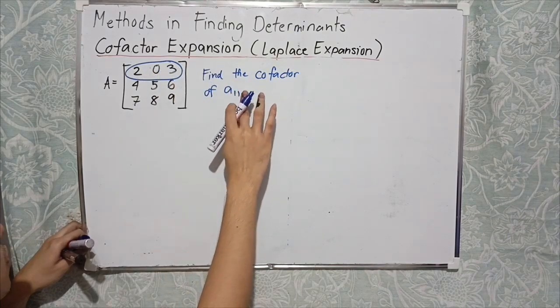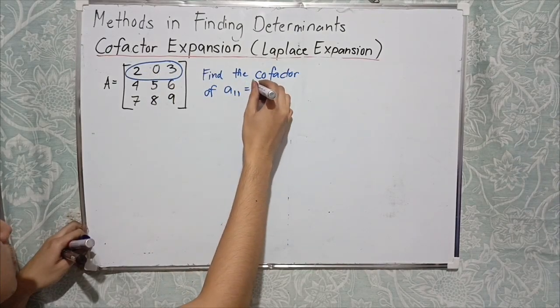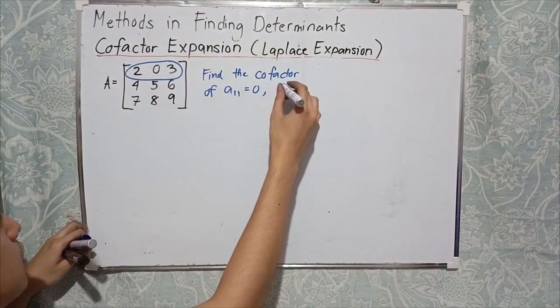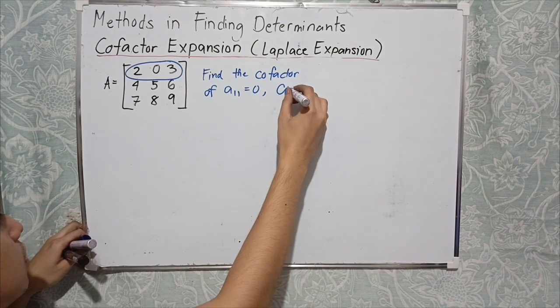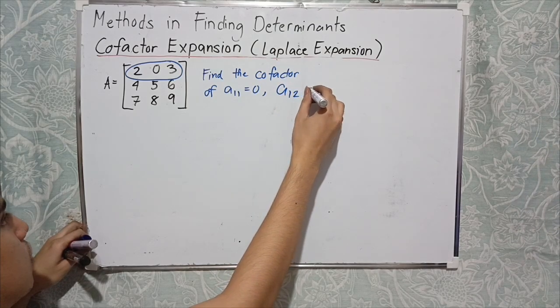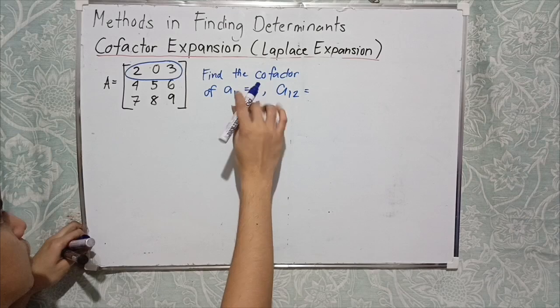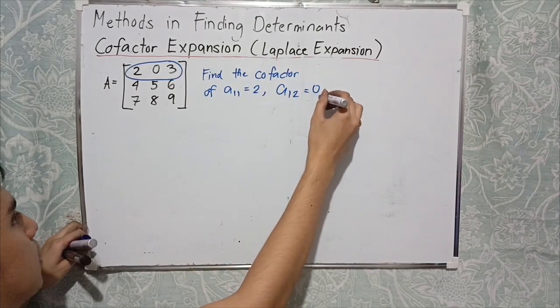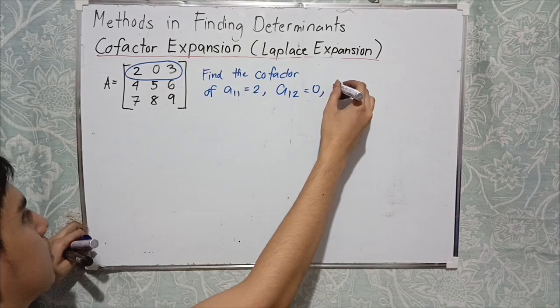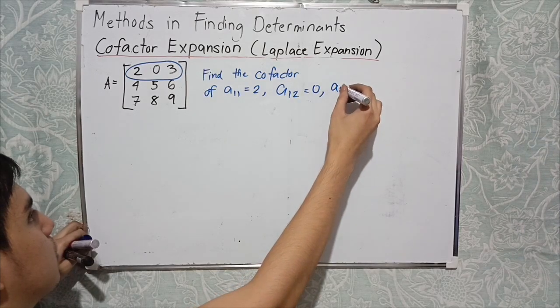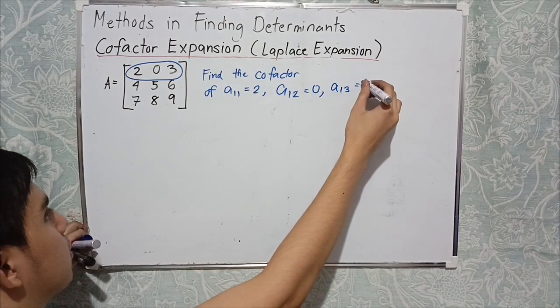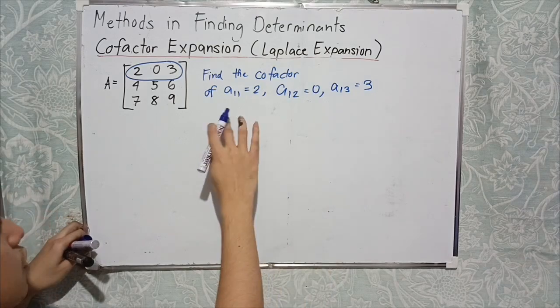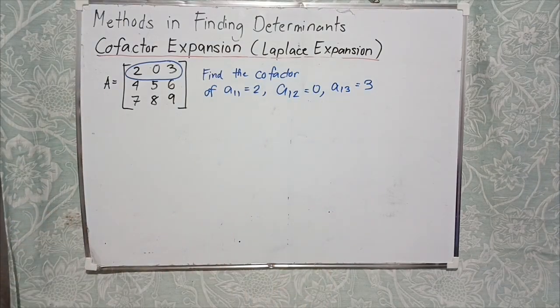This 0 is represented as A12. Sorry, it should be 2 here, and this one is 0. Next, this 3 is represented by A13. We need to find the cofactor of these 3 elements.